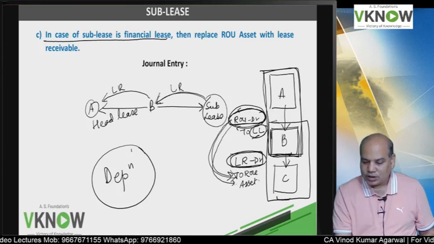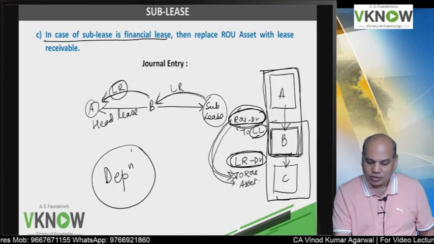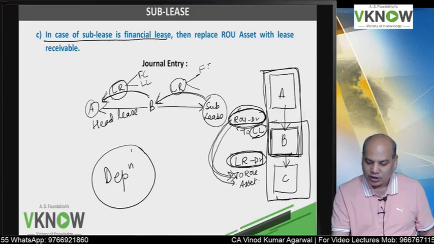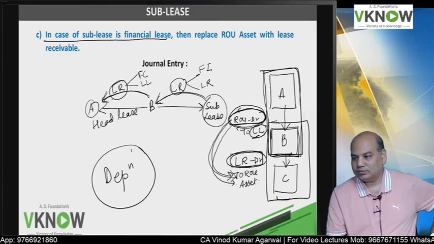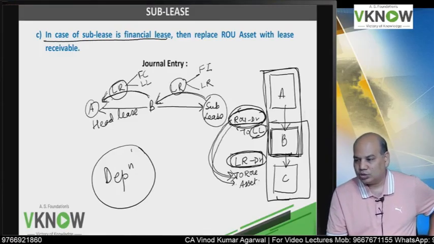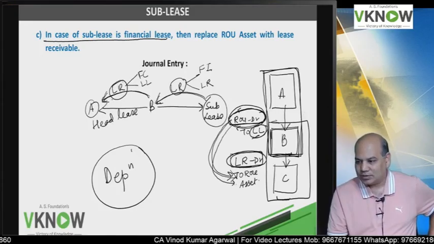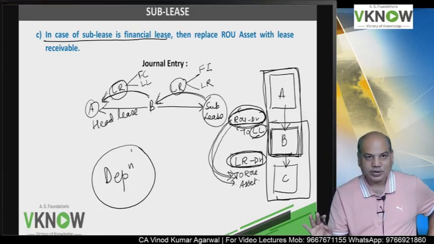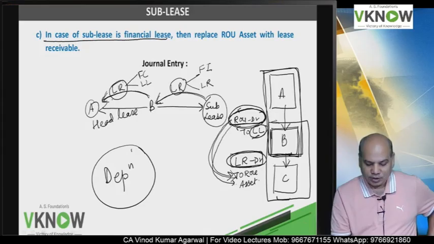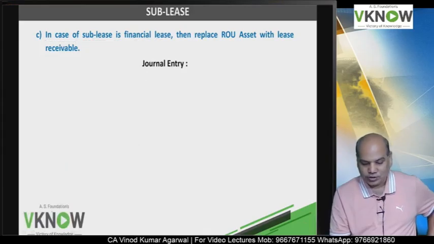So receive lease rental, pay lease rental, and this lease rental will have to be bifurcated into two components: finance cost and reduction in lease liability, finance income and reduction in lease receivable. No need to provide depreciation. If you can understand this, you have understood this chapter. Then I can proudly say that you have understood this chapter.